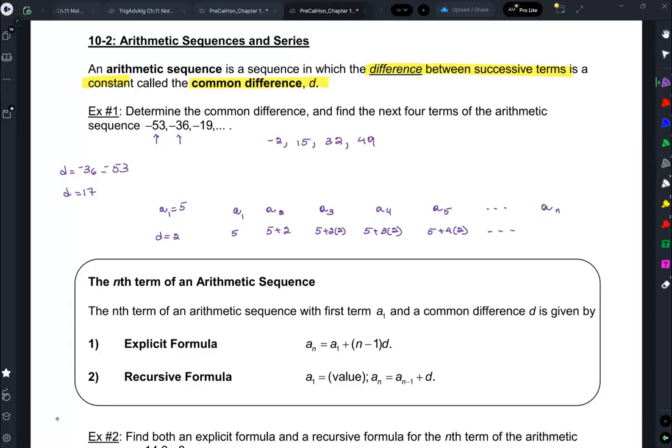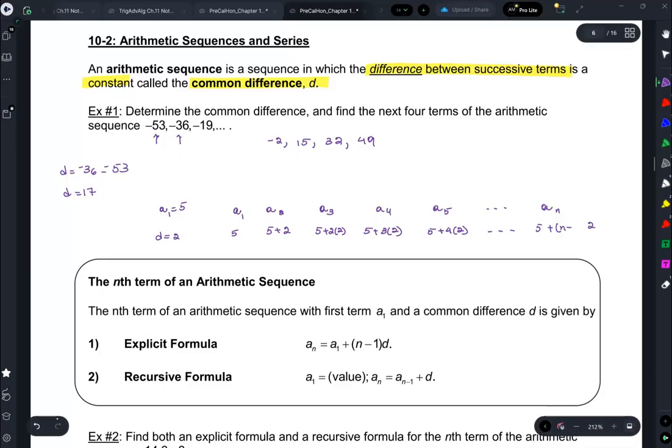Look at what you notice: if you're on step number 4, you're adding 3 2's. If you're at step number 5, you're adding 4 2's. So here it's going to be 5 plus, if you're at step N, how many 2's are you going to add? N minus 1 2's.